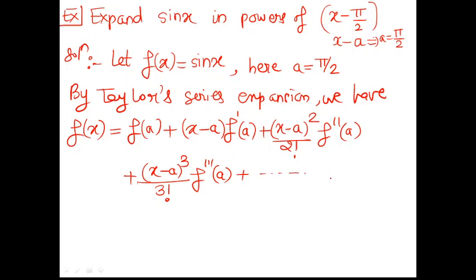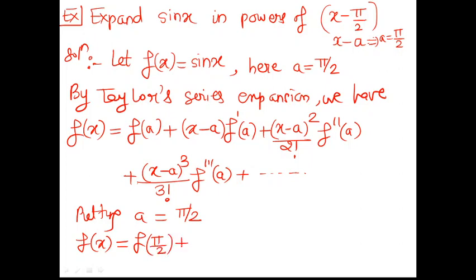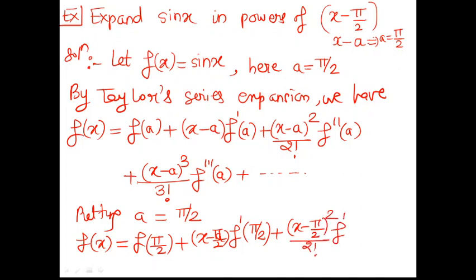So here I have written up to third derivative terms. Now putting a is equal to pi by 2, we have f of x is equal to f of pi by 2 plus (x minus pi by 2) f dash of pi by 2 plus (x minus pi by 2) whole square by 2 factorial f double dash of pi by 2 plus (x minus pi by 2) whole cube upon 3 factorial f triple dash of pi by 2, and so on.